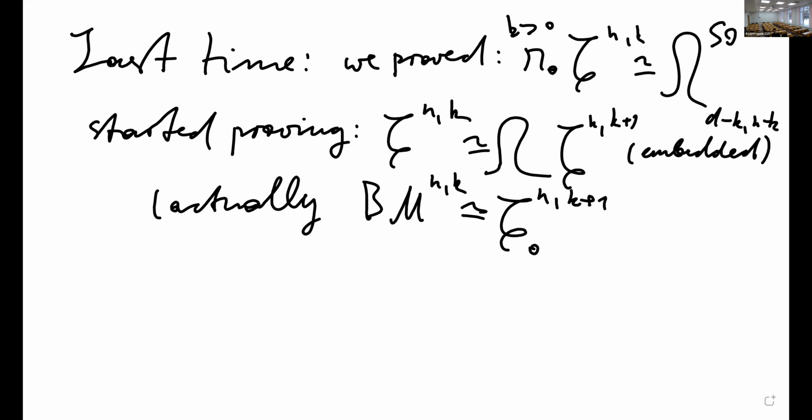The classifying space of M and Chi is homotopy equivalent to the connected component of the empty set inside Cn k plus 1.